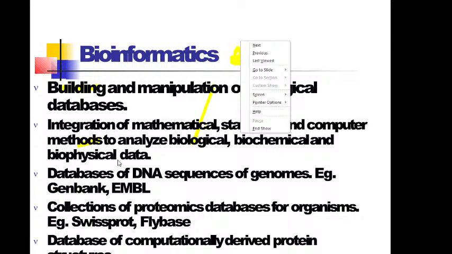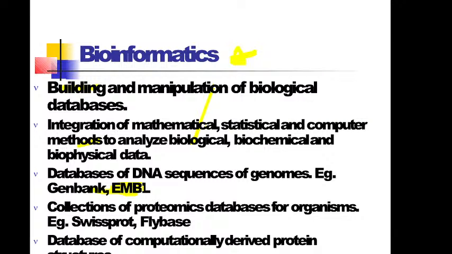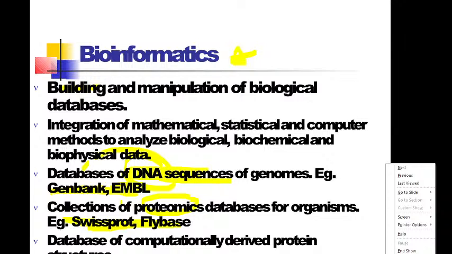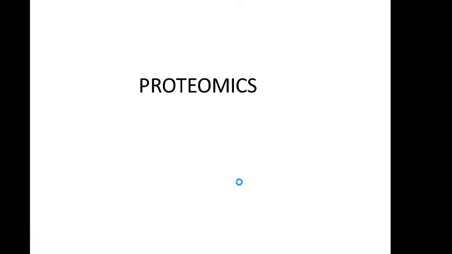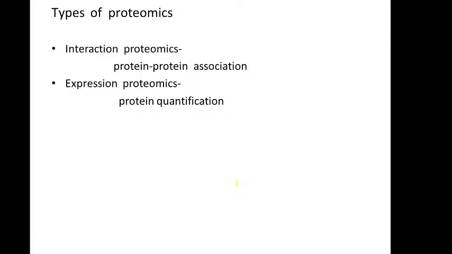So we have GenBank and EMBL for DNA sequences, and for protein sequences we have Swiss-Prot and FlyBase when we are working on proteins. When we are working on DNA sequences, we have GenBank and EMBL. But when we are working on proteins, we have Swiss-Prot and FlyBase. So this is the thing we have already covered.